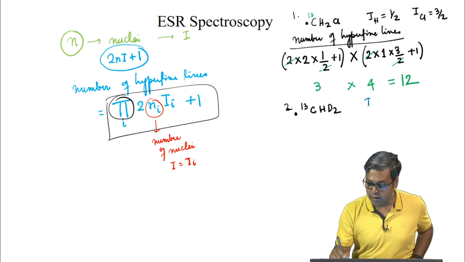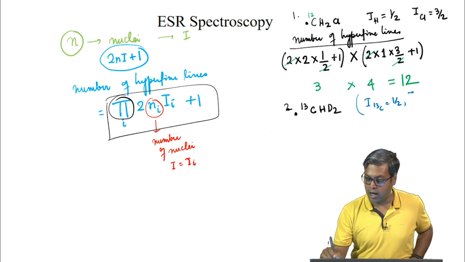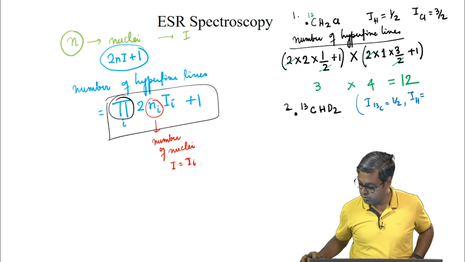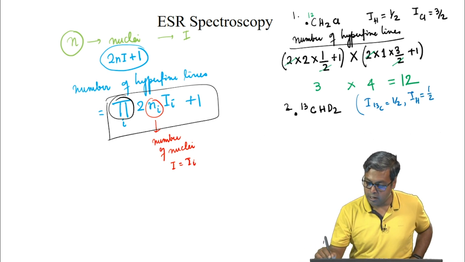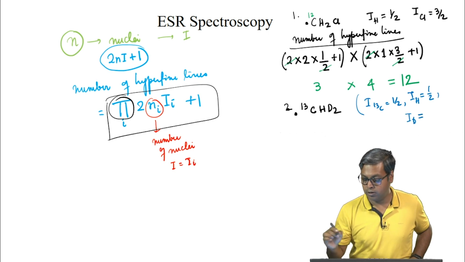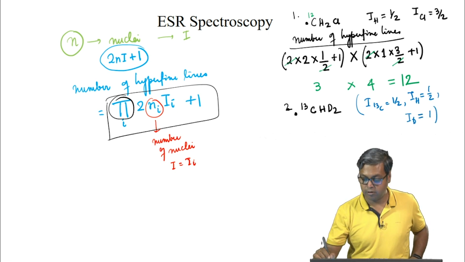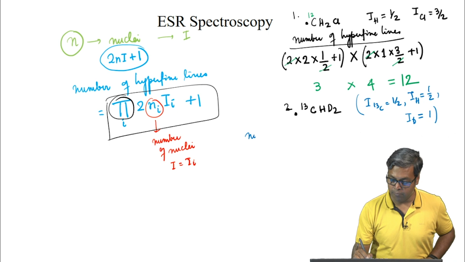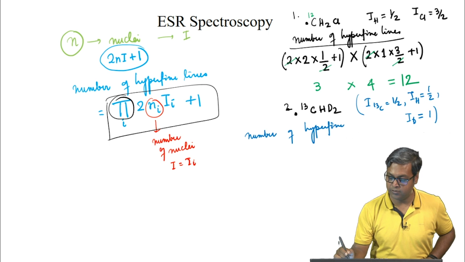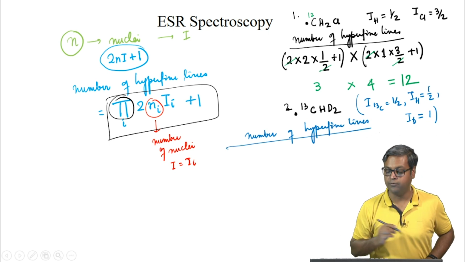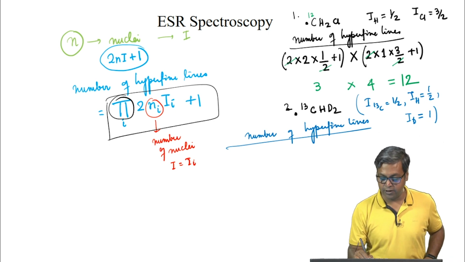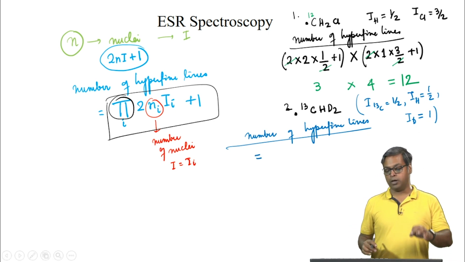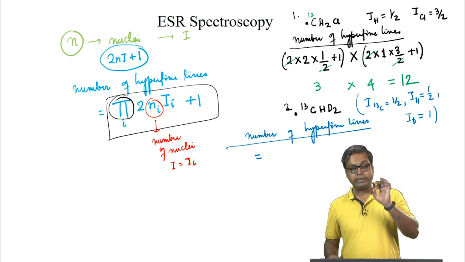I of 13C equals half, I of proton equals half, and I of deuteron equals 1. If I want to find the number of hyperfine lines, let us first consider the interaction of the unpaired electron with the 13C nucleus.